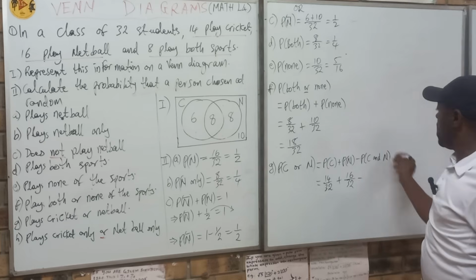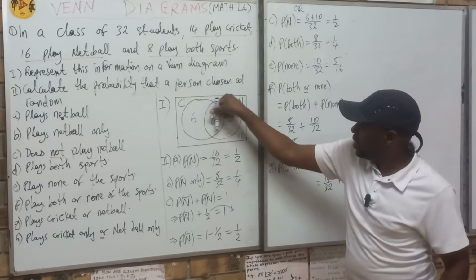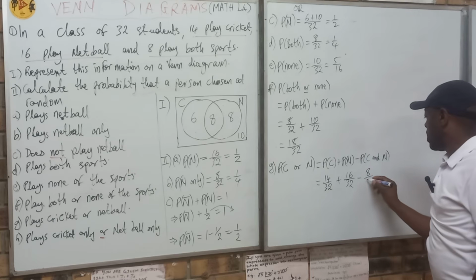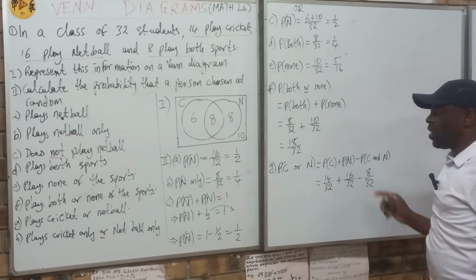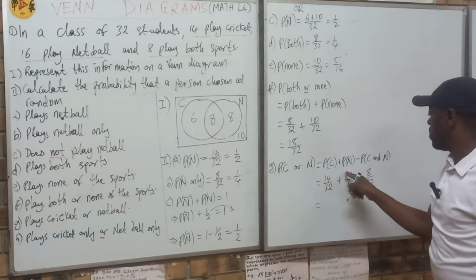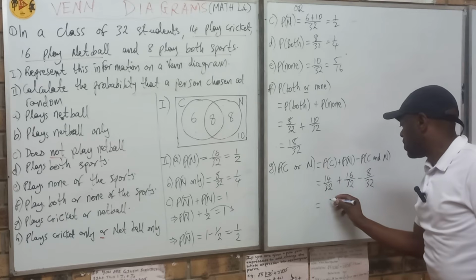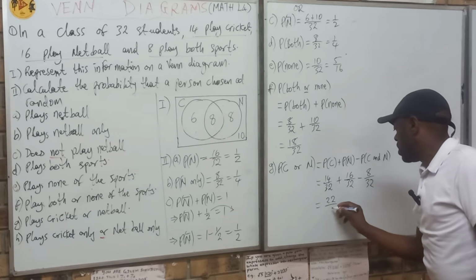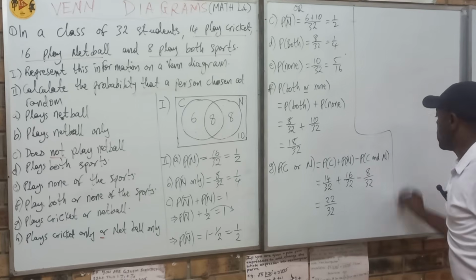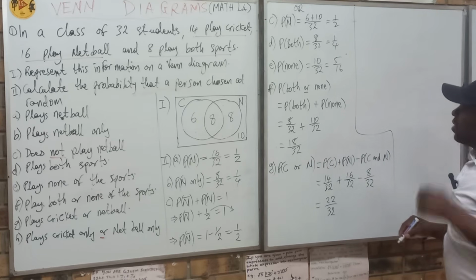Then those who play both sports, you see it's there at the center, 8, so you get 8 out of 32. Since we have the same denominator, simply add the numerators. 16 plus 14 is 30, minus 8 is 22 out of 32. So that is how you can get the probability of C or N.